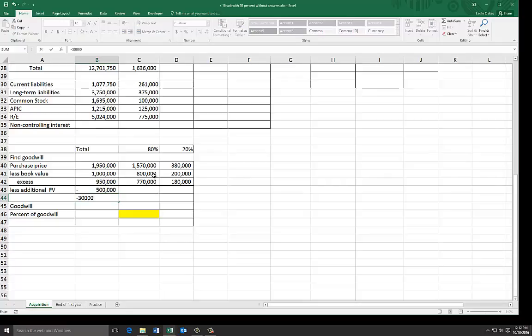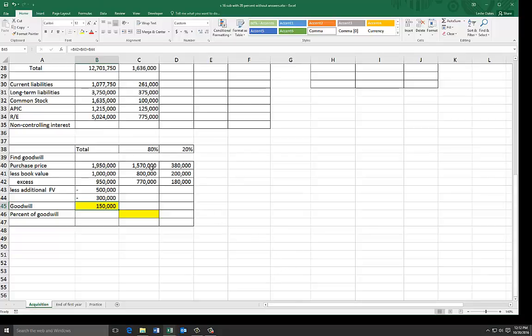We subtracted in two pieces, the book value that was subtracted up here, and these two extras, and that's going to give us goodwill of, that's not right. Oh, 300,000. That's wrong. There we go, 150.